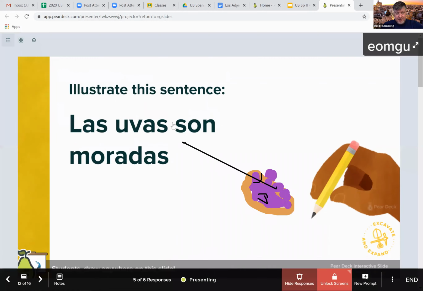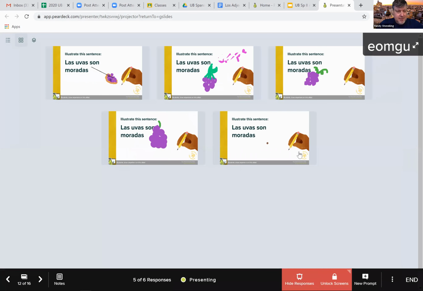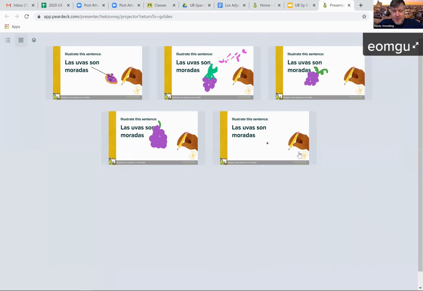Let's see our responses. Let's see what we got here. Las uvas son moradas. Perfect. Las uvas is grapes. Moradas, purple. Las uvas son moradas. There we go.